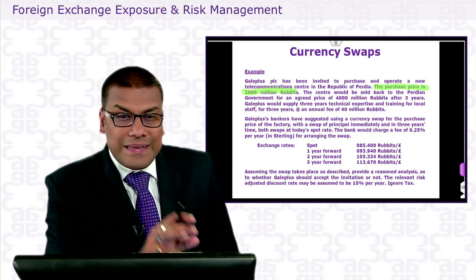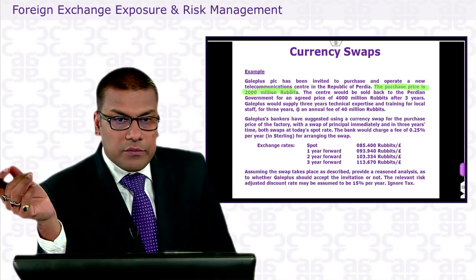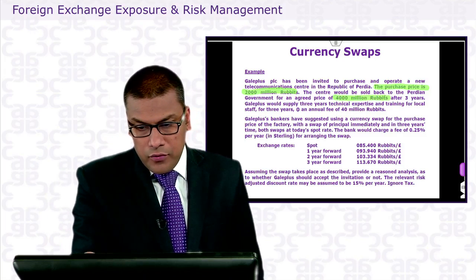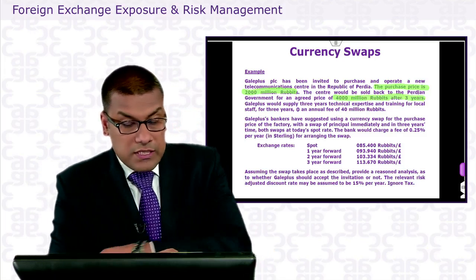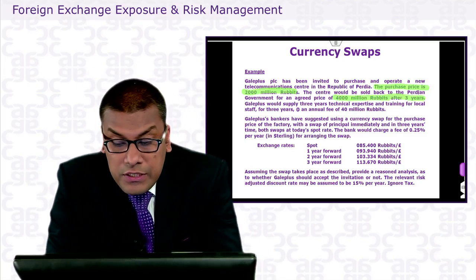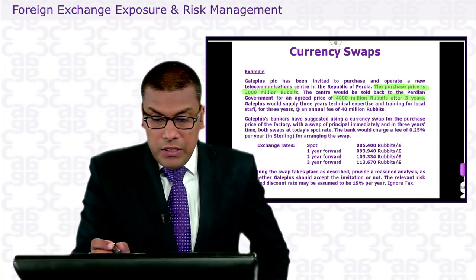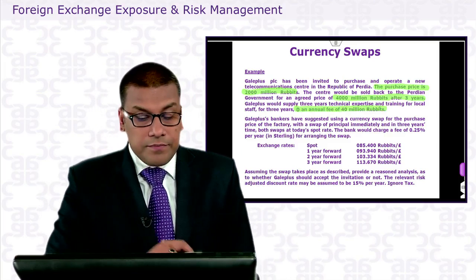The center would be sold back to the Perdian government for an agreed price of 4,000 million rupees after 3 years. Galplus would supply 3 years of technical expertise and training for local staff, for which they are going to charge an annual fee of 40 million rupees.